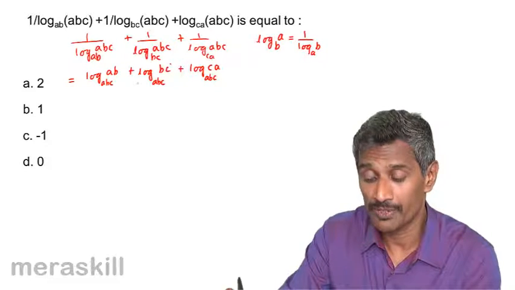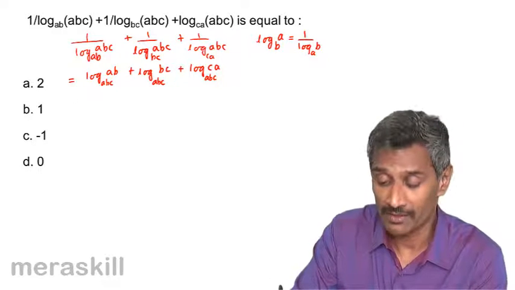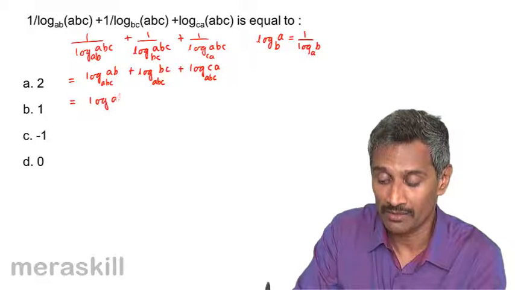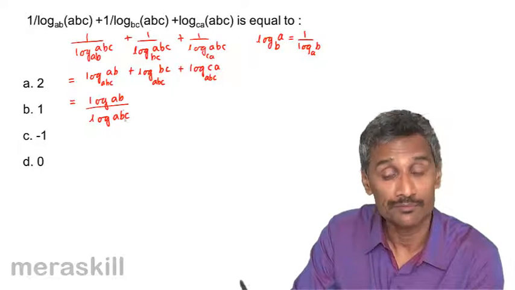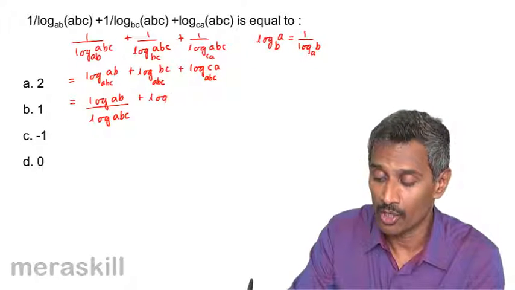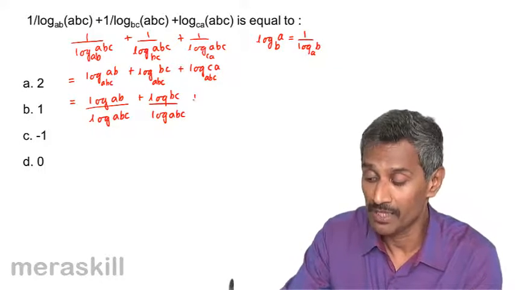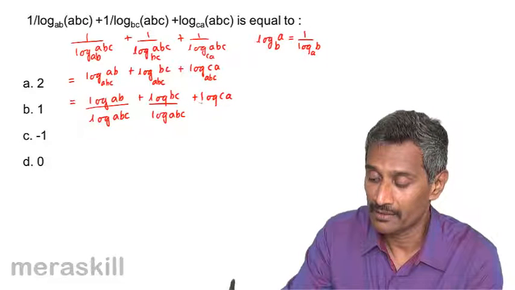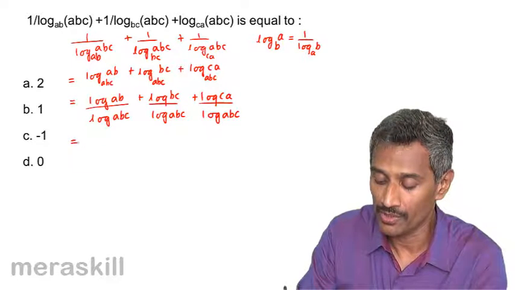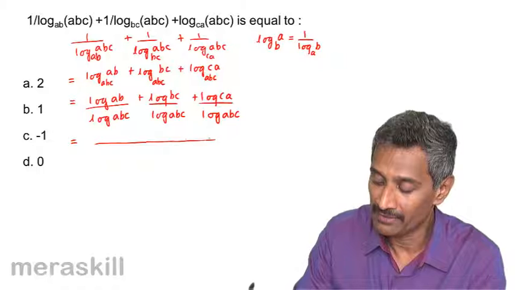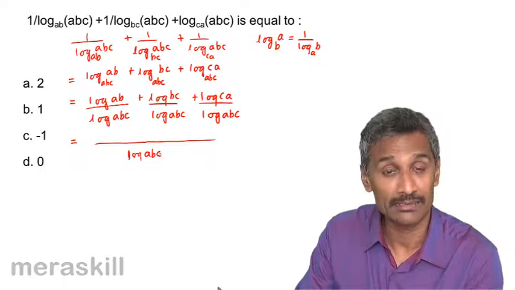Now how do we go from here? Here we are going to change the base to the base 10. So we write it as log AB to the base 10 upon log ABC plus log BC upon log ABC plus log CA upon log ABC. Now we have log ABC as the common denominator.